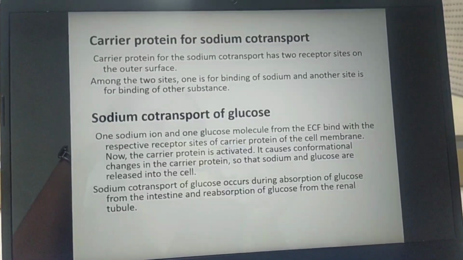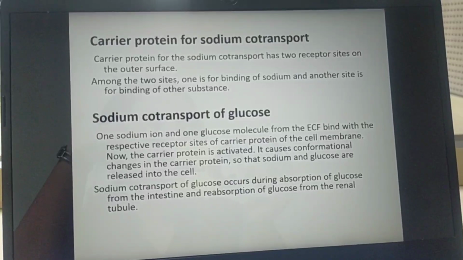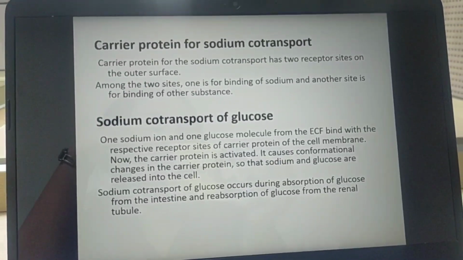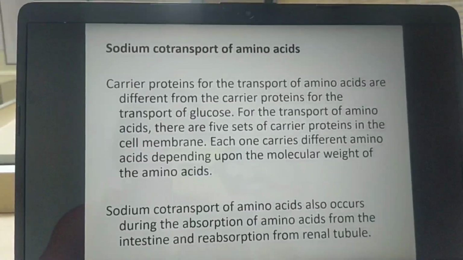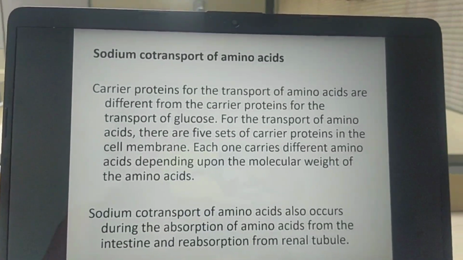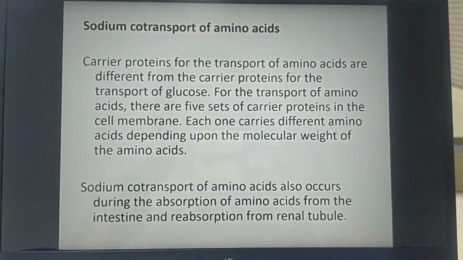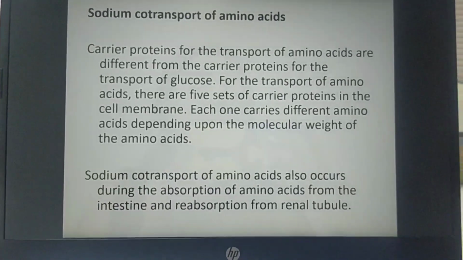Sodium co-transport of glucose occurs during the absorption of glucose from the intestine and reabsorption of glucose from the renal tubule. Sodium co-transport of amino acids. Carrier proteins for the transport of amino acids are different from the carrier proteins for the transport of glucose.